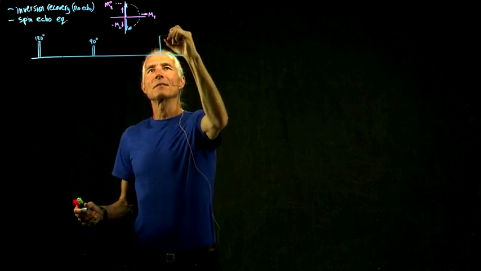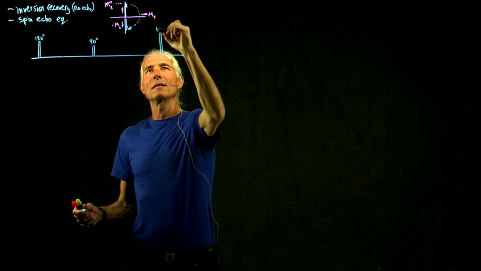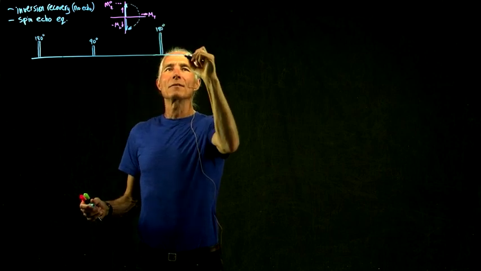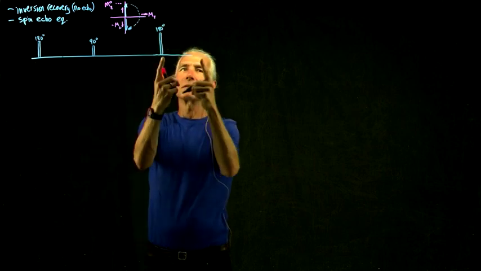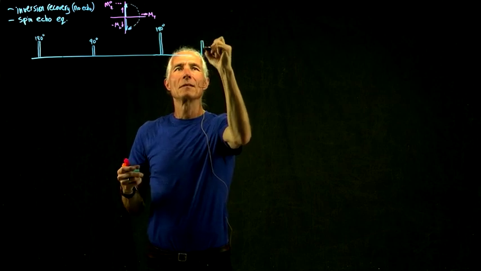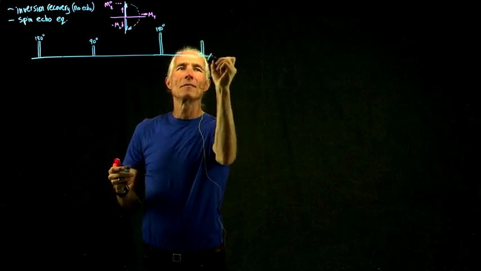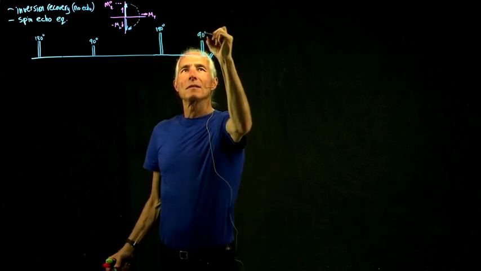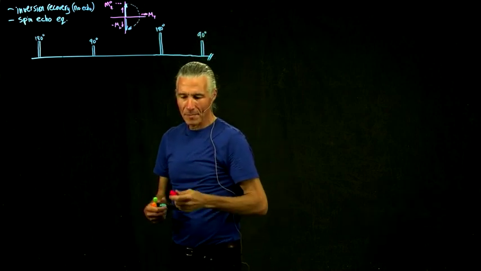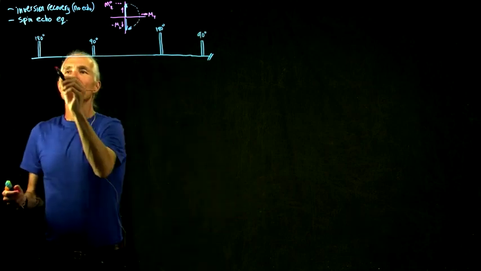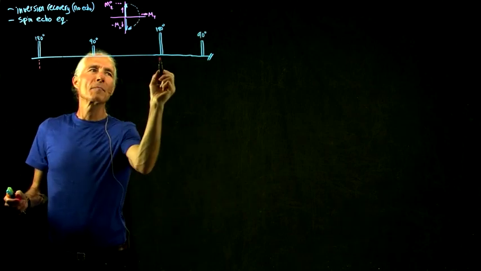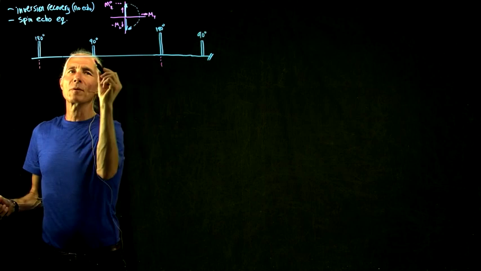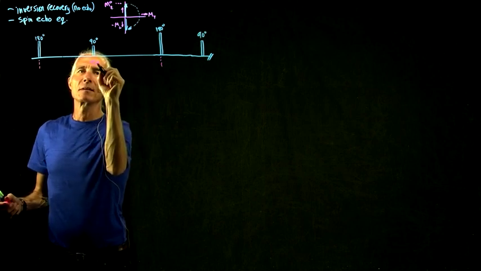Here's another 180, and then another 90 here, and then etc. The time between when things repeat is our TR.